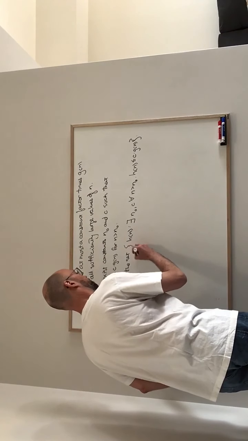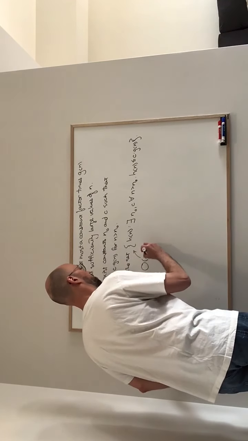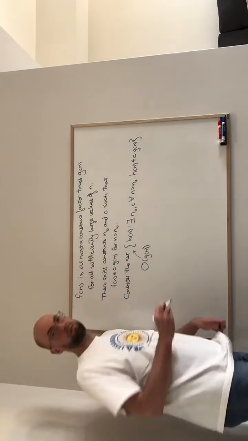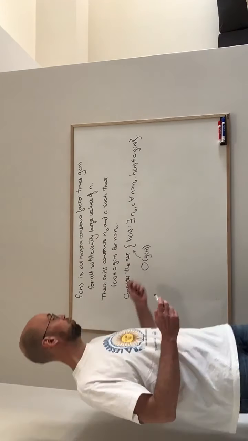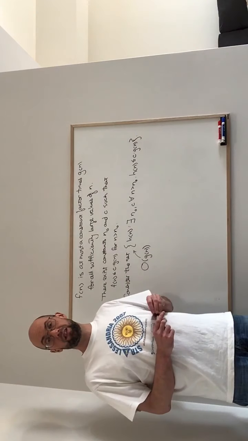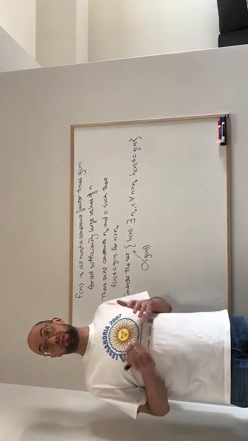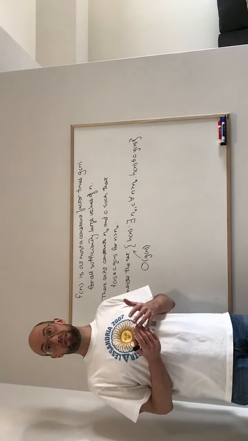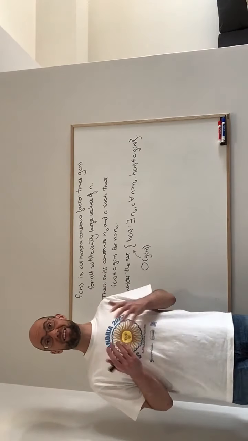This set is called big O of g of n. Okay? Big O of g of n is a set. It is not itself a function. It is not a number. It is a set.